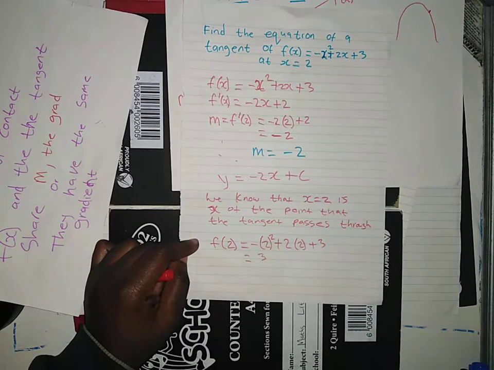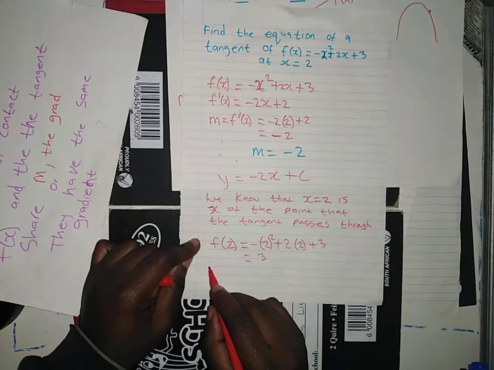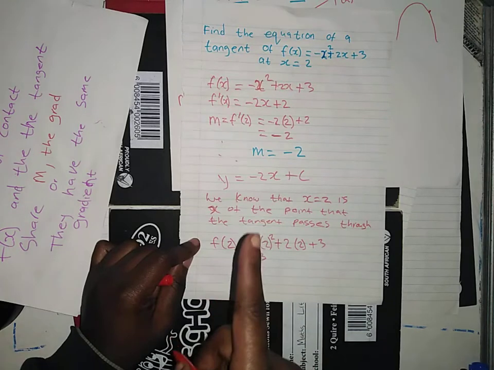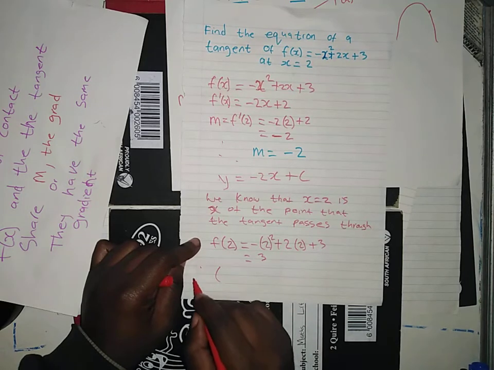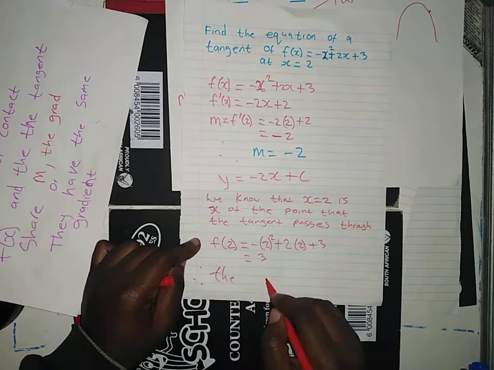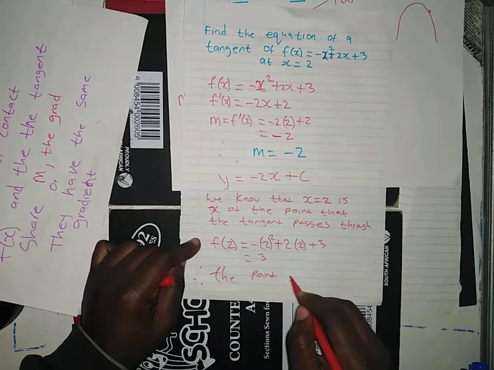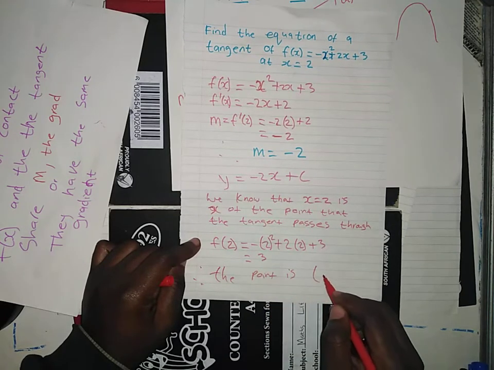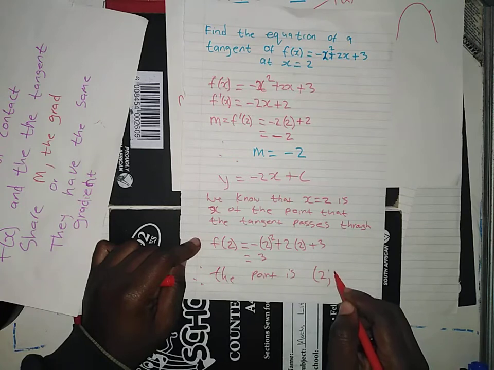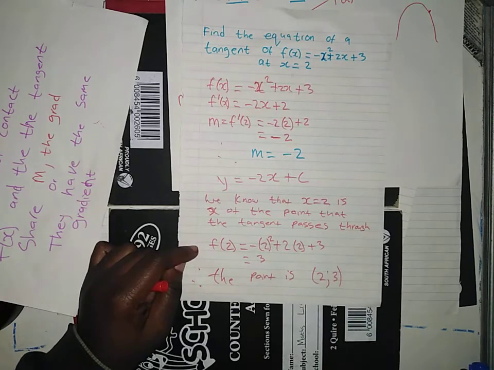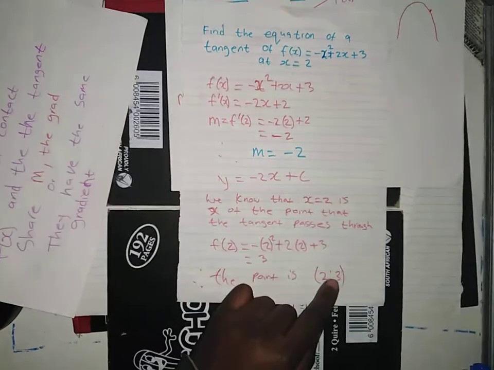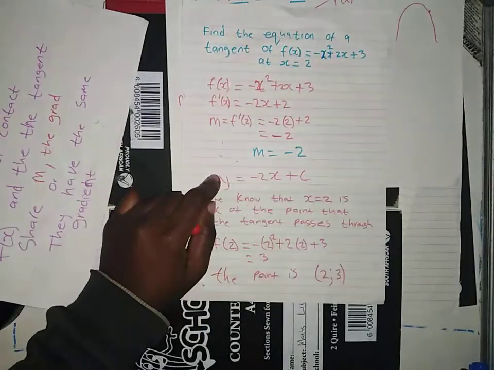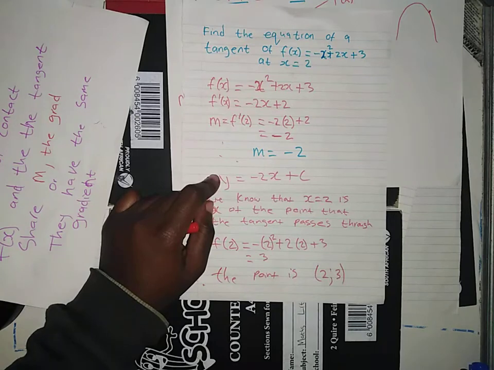So the point that the tangent passes through has x equal to 2 and y equal to 3. You haven't found c yet. You've just found a point that this line passes through.